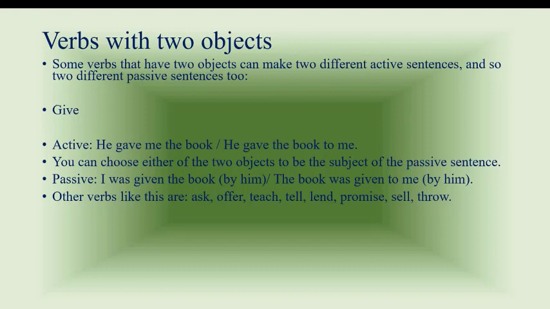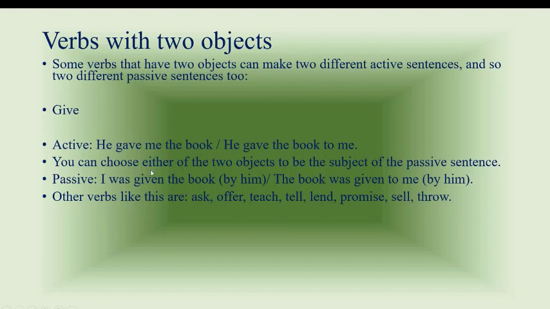Some of the verbs take more than one object, like the verb give. For example, he gave me the book. Me, the book. Two objects. The verb gave fell on two objects, me and the book.